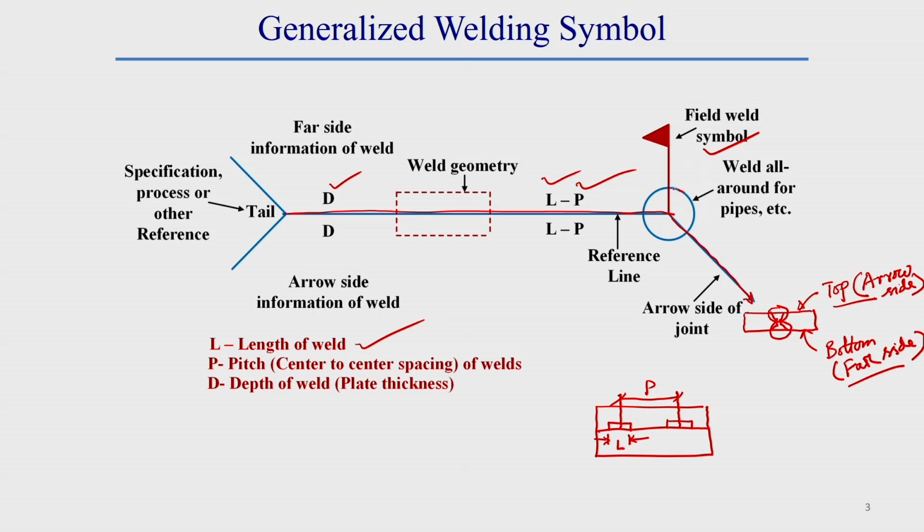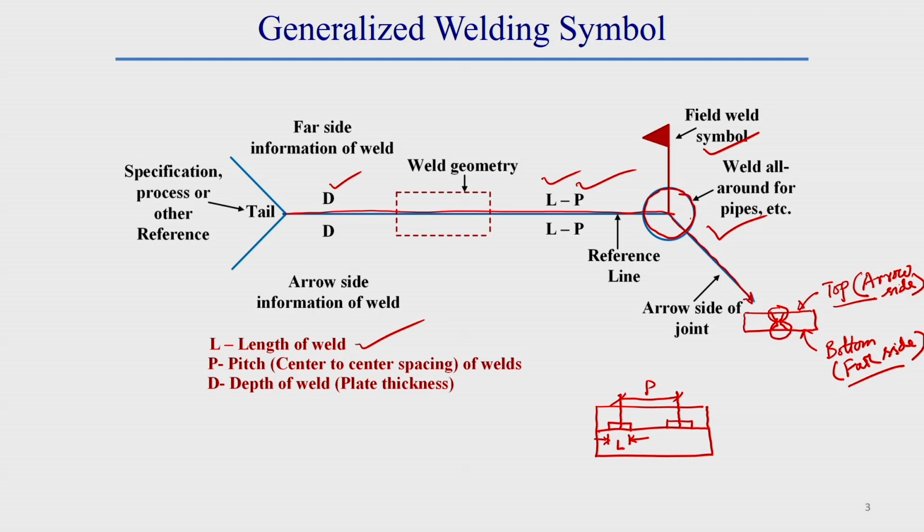This circle is provided when the starting position of the weld and the finishing position of the weld are the same. Especially for pipe welding, around the pipe, once we do the welding, it starts from a location and returns back to the same location after completion of the weld. That's why in case of pipe welding this weld all around symbol is required.